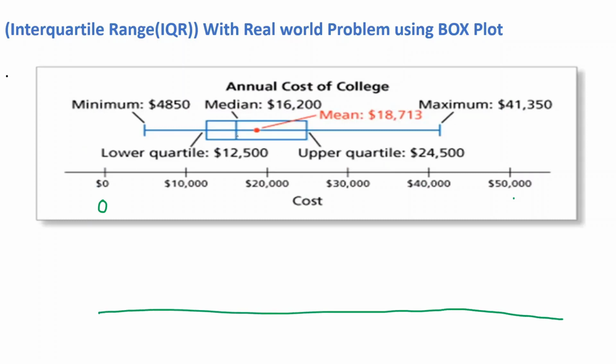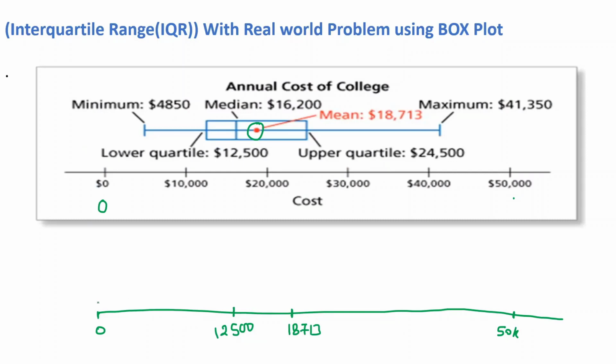what is your middle value? The middle value is 12,500. Your highest value is 50K, and this is your 0. And if we talk about the mean, it means the average value, which is 18,713.